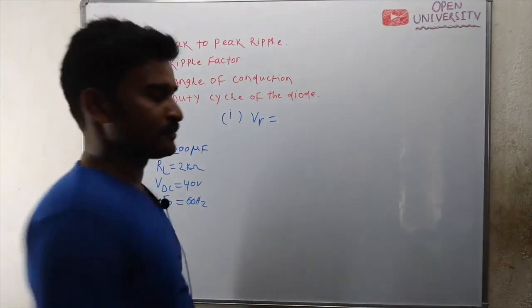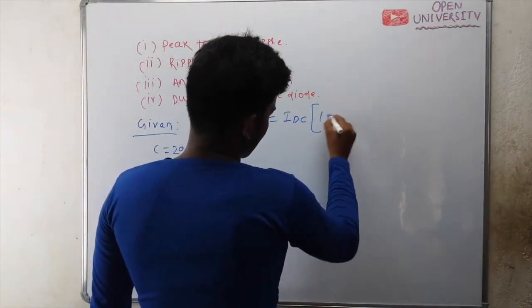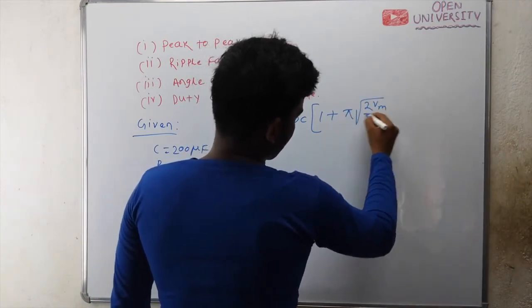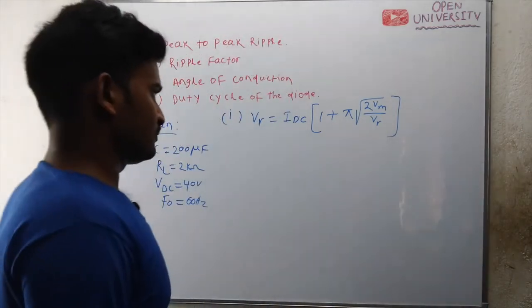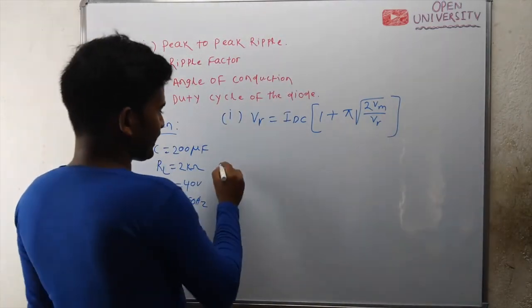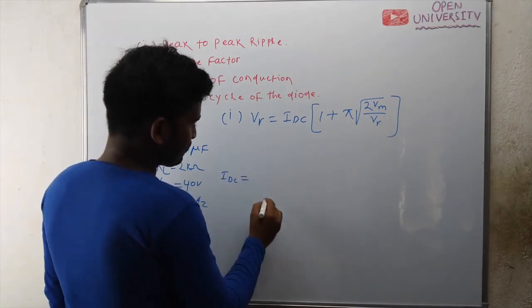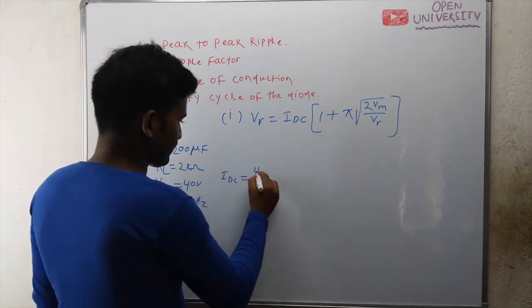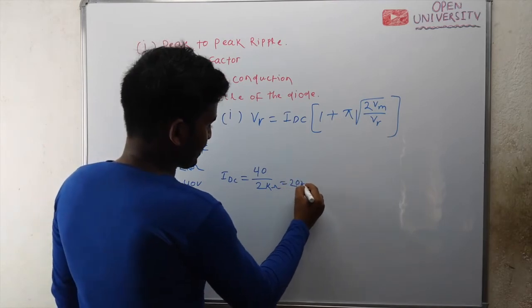So what is VR? VR is IDC into 1 plus pi under root 2 Vm by VR. How to get IDC? IDC equal to VDC by RL. What is VDC? 40. What is RL? 2 kilo ohm. That is 20 milliampere.